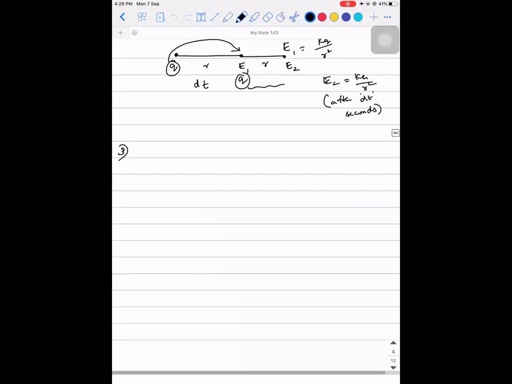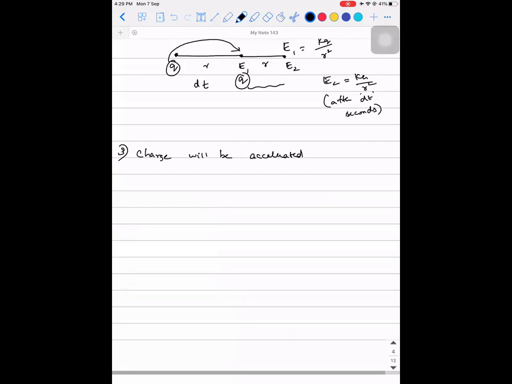The charge will be accelerated. That is a non-uniform motion, right? So what will happen when the charge is accelerated?